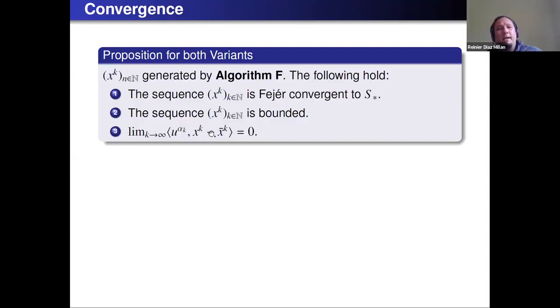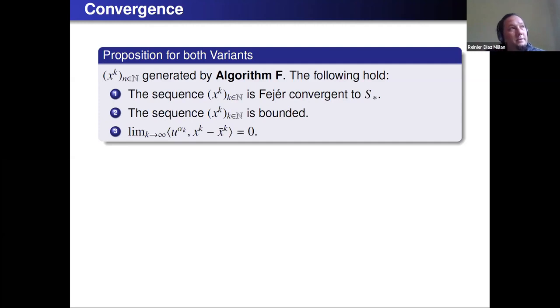Those three properties are satisfied by both variants, variant 1 and variant 2. When we have this property, we use the fact that Sk is a convex combination of this point and Xk, and then an alpha k appears here, and we divide the idea into two cases: when alpha k goes to 0 and when alpha k does not go to 0.